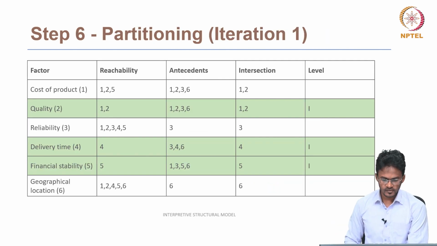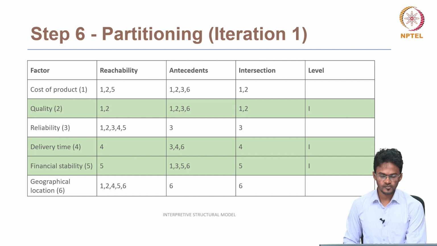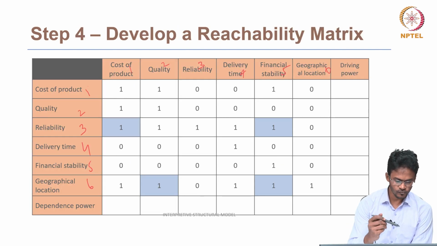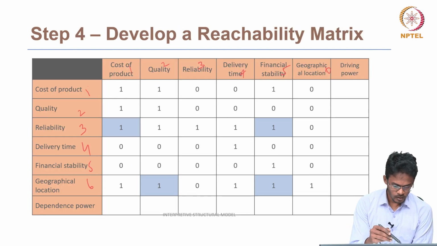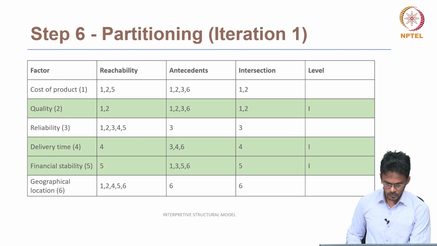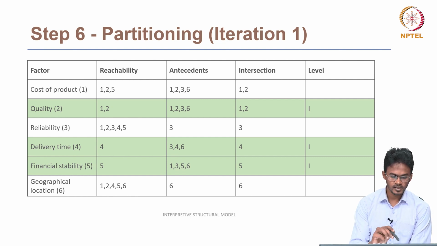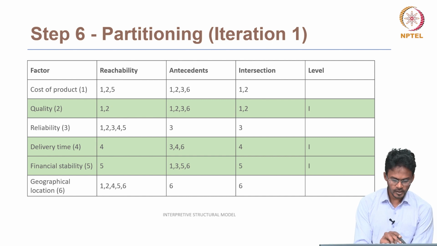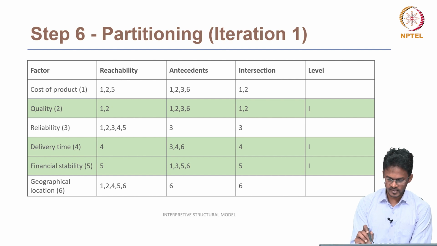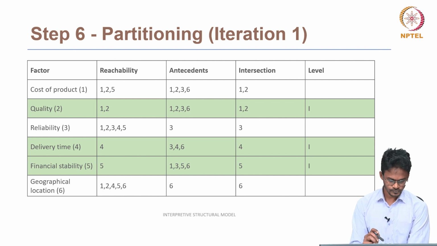The antecedents are the factors that influence the cost of product. So, the factors that are influencing cost of product are 1, 2, 3 and 6. And the intersection are the common factors in reachability and antecedents, and the common factors here are 1 and 2, so they will be included in the intersection.